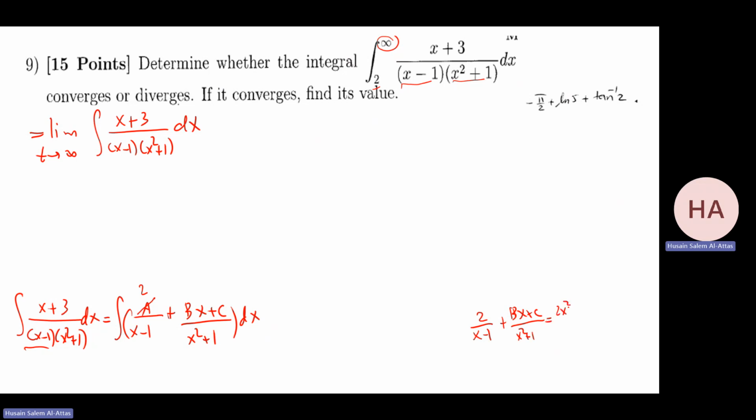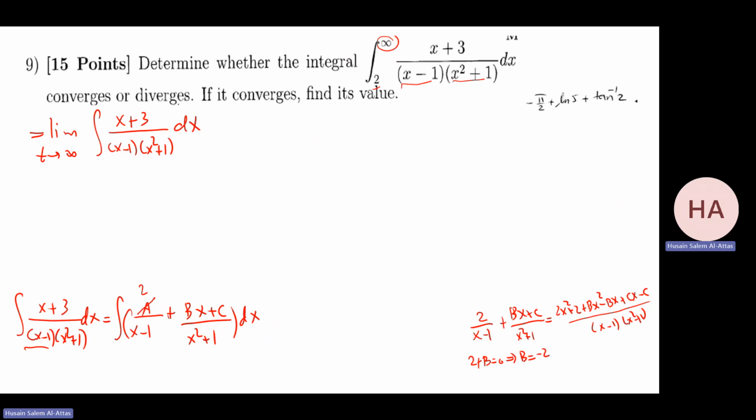That will be 2x squared plus 2 plus Bx squared minus Bx plus Cx minus C over this. So I have 2 plus B is equal to 0. So B equal minus 2. What else do I have?